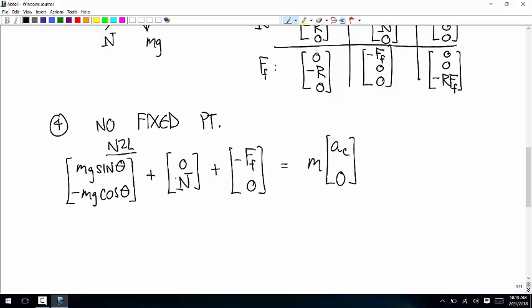Finding that normal force isn't getting us closer to what we're trying to find, which is the acceleration of the center. Finding that normal force doesn't help at all. That's unrelated to the acceleration. So I'm just going to use the x equation. And it says negative FF minus m AC is equal to negative mg sine theta.